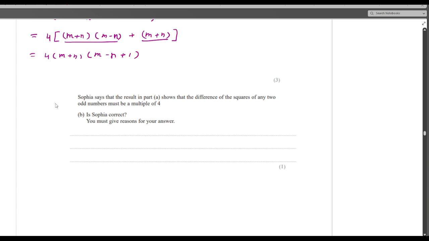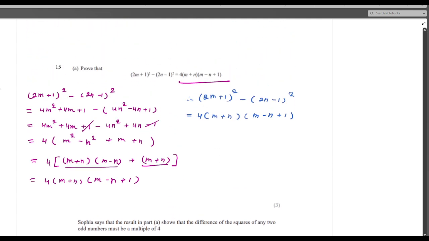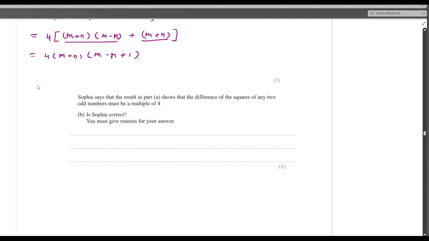Sophia says that the result in part A shows that the difference of the squares of any two odd numbers must be a multiple of 4. Now here you can see that on the left hand side, this is my odd number, and this is also my odd number. As this is for 1 mark, you must give a reason for your answer.